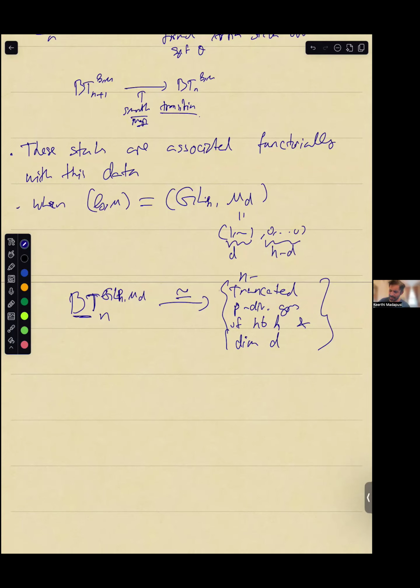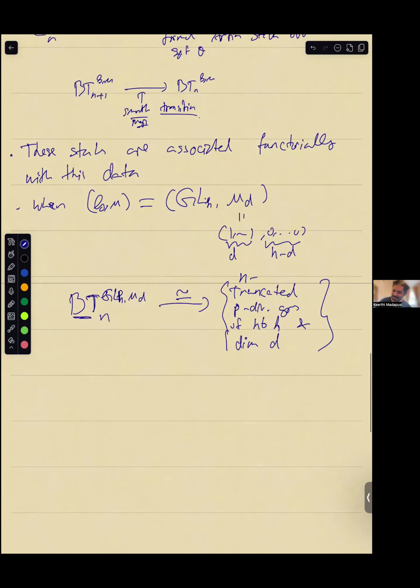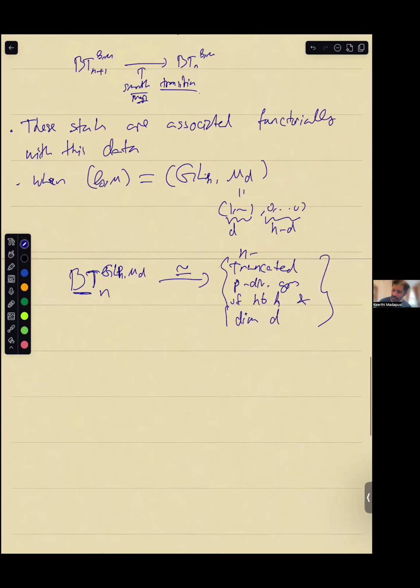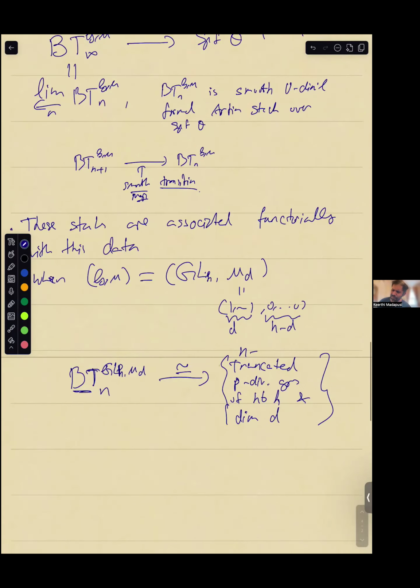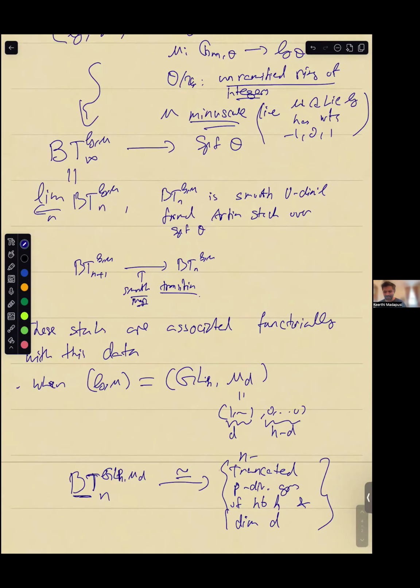And so the key point is that these are group theoretically defined objects that in these special cases recover p-divisible groups or stacks of p-divisible groups. And so there's a long history of objects like this.